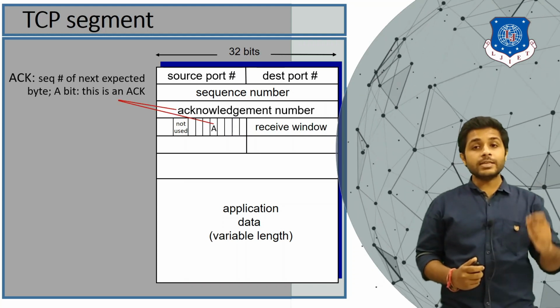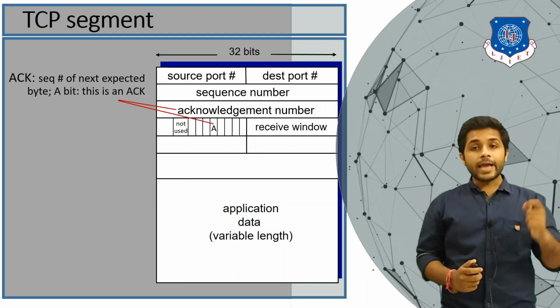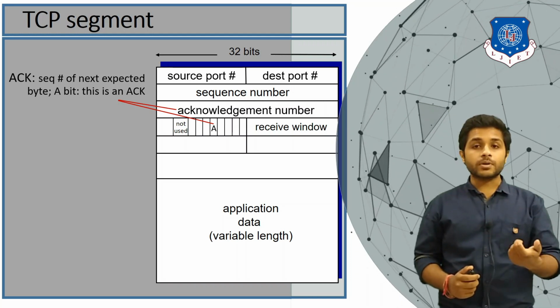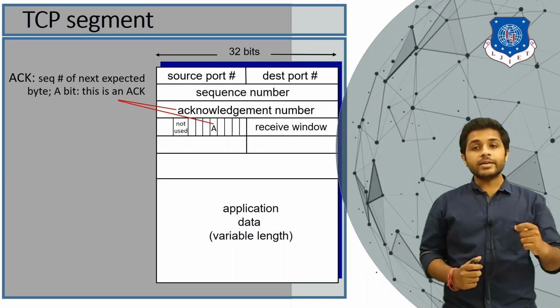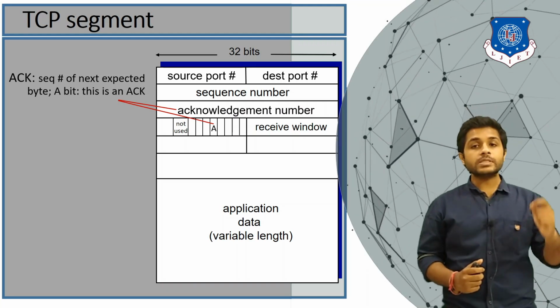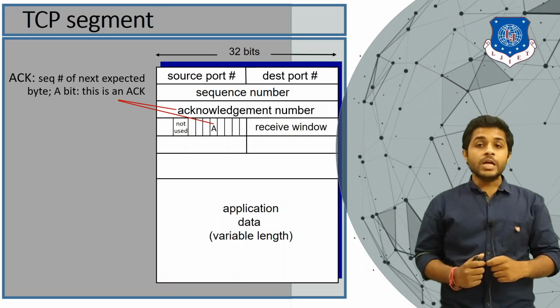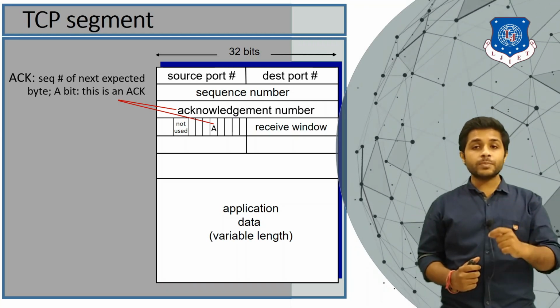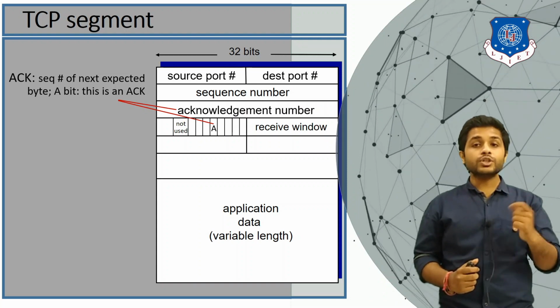Then the next field is the acknowledgement number. The acknowledgement number is always +1 than the sequence number. For example, the sender is sending a packet having sequence number 1. When the receiver receives that packet, it will send an acknowledgement of number 2.